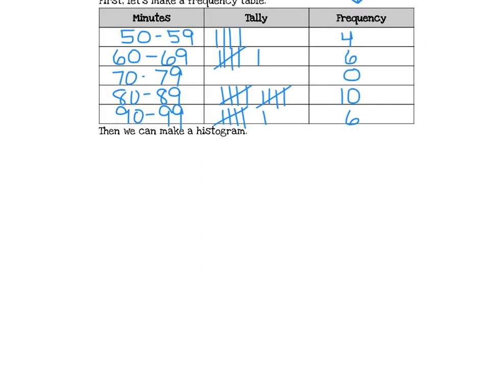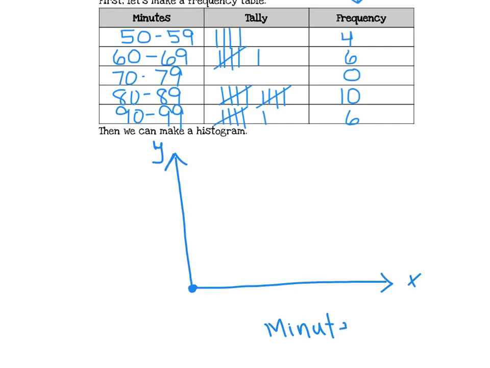Our histogram is going to start with our X and our Y axis. Try to make it as neat as you can. We're going to put our intervals, or the number of minutes, down here on the X axis. We always want to make sure that we're labeling so we know what our X and our Y axis represent.